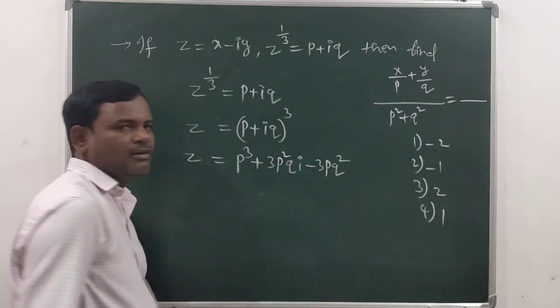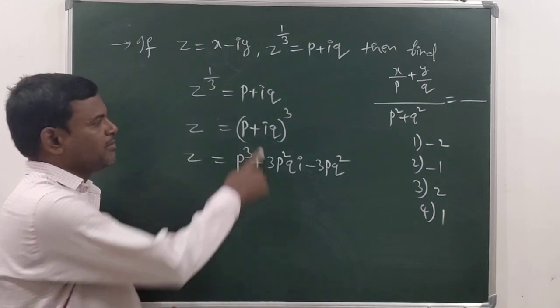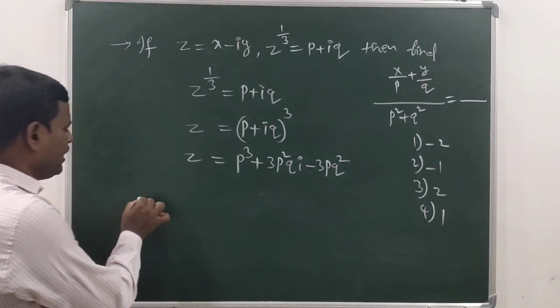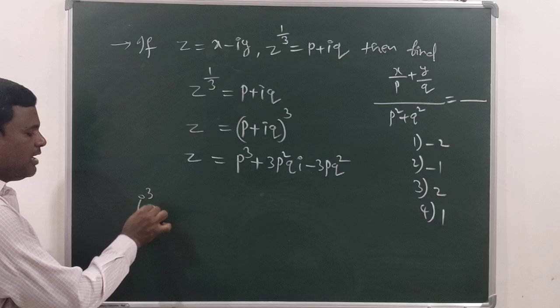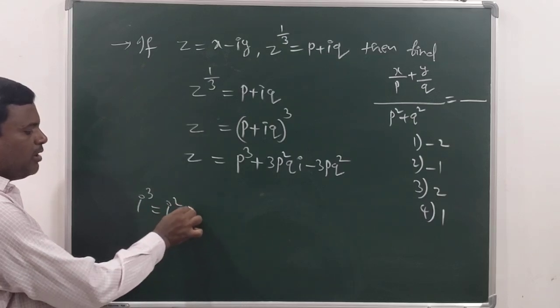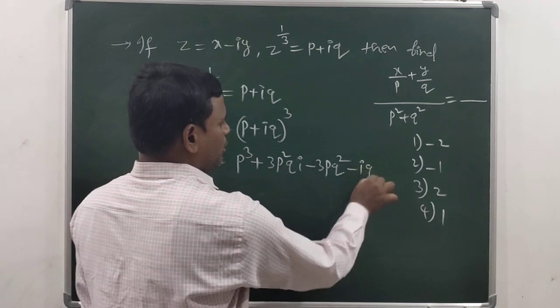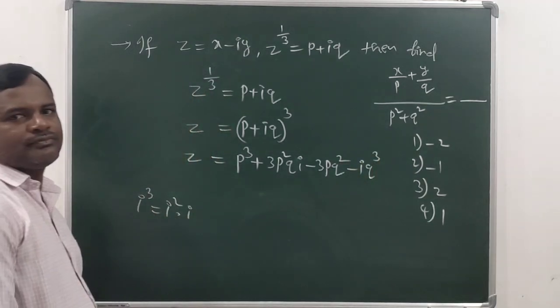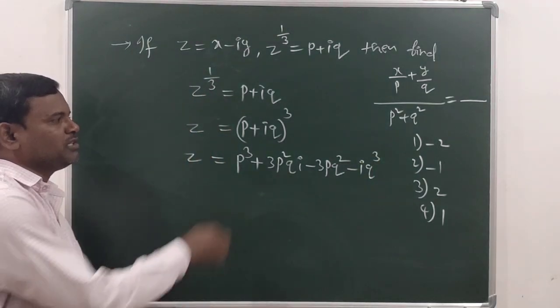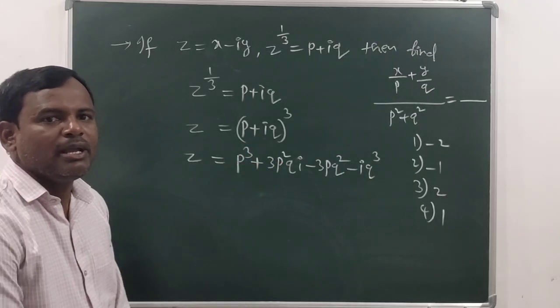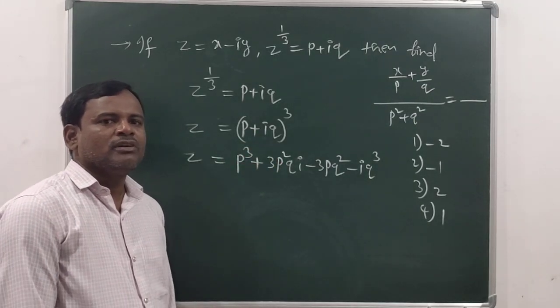Here i square will come. 3ab square, and b cube. b cube means i cube q cube. i cube you can write i square into i, which becomes minus i. Minus i q cube. Okay students, no confusion. I just applied the a plus b whole cube formula.